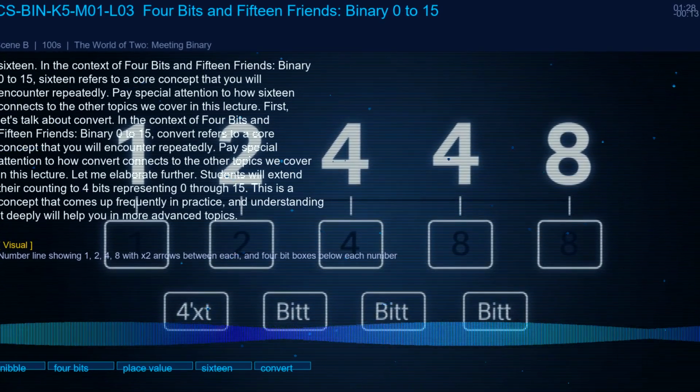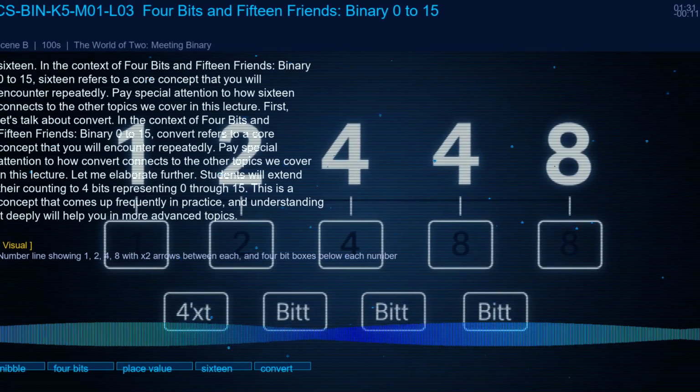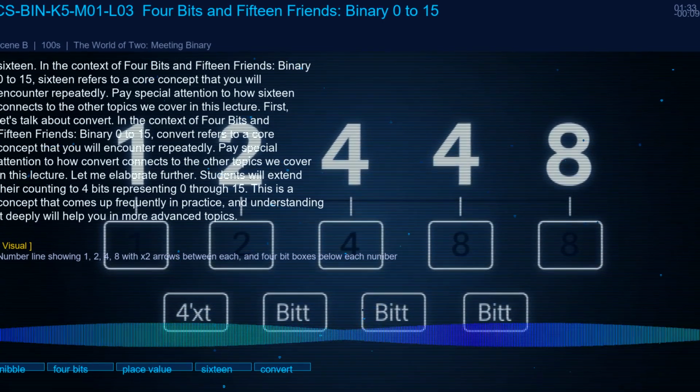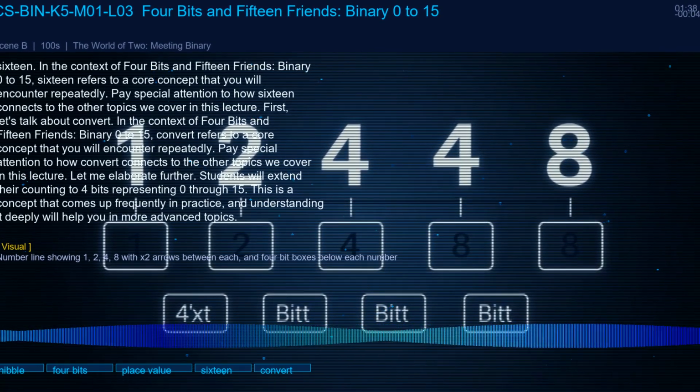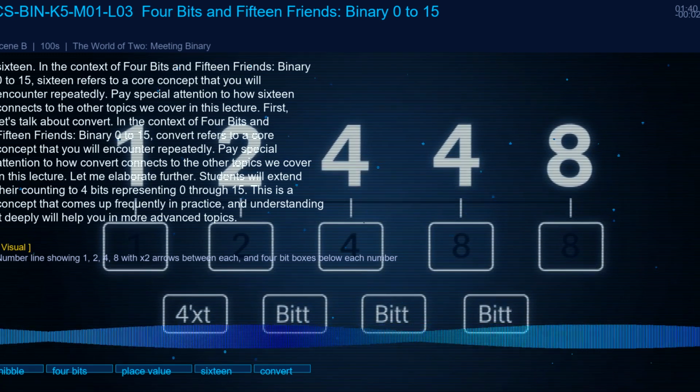Let me elaborate further. We are extending our counting to 4 bits representing 0 through 15. This is a concept that comes up frequently in practice, and understanding it deeply will help you in more advanced topics.